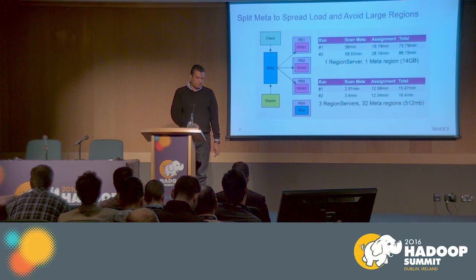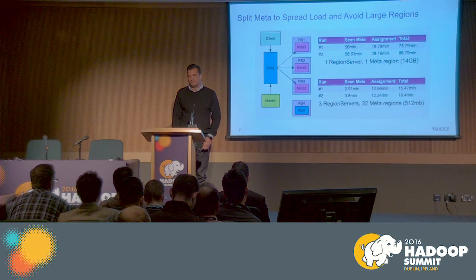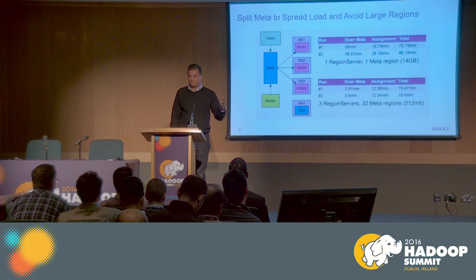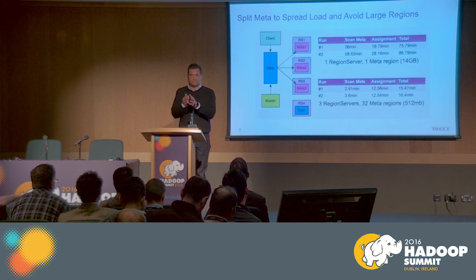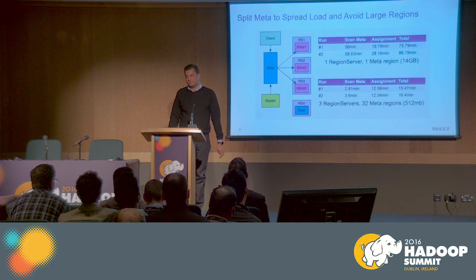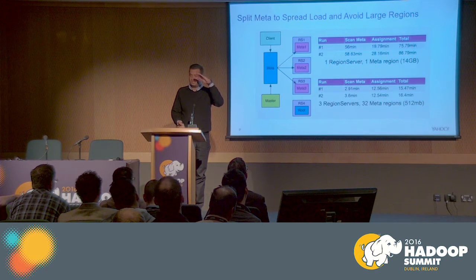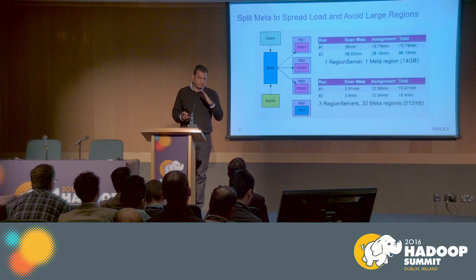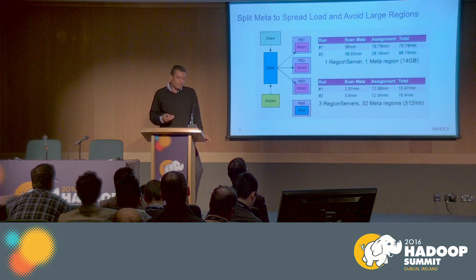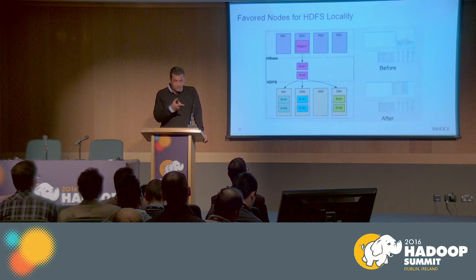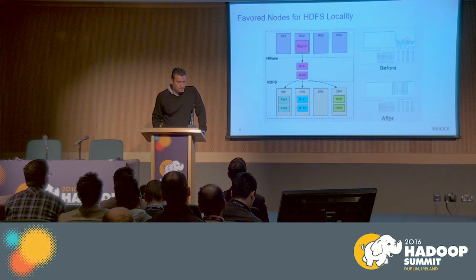So this is just some initial numbers from not splitting and splitting, and you can see the speed up. It's a simple thing that you spread it across multiple region servers, so you don't have a single meta to act as the bottleneck in the system. It also speeds up region assignments, by the way.